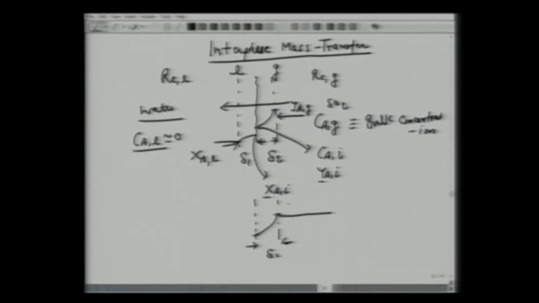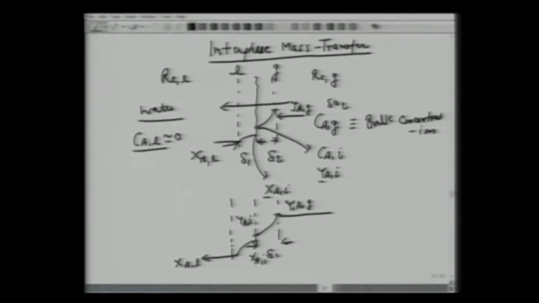So now we have four levels. One is bulk, YAG, then YAi, and now we have the liquid phase concentration, which is XAi, and then it drops across another resistance here before we have the bulk concentration XA in the liquid phase.